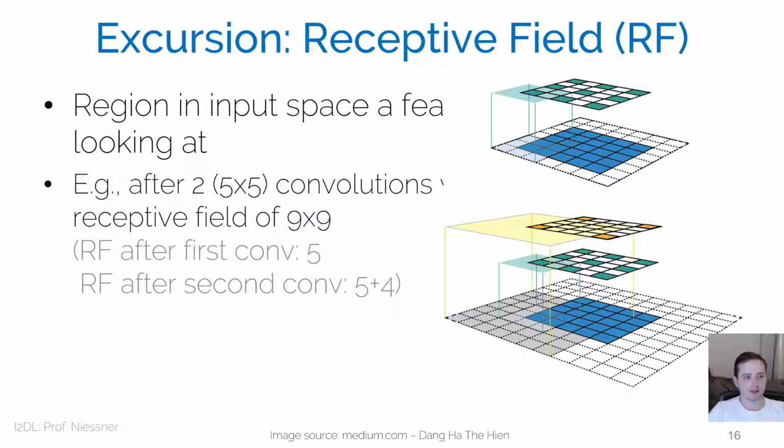So if we take as an example 2 5x5 convolutional layers like we have here, then after 2 of these convolutional layers with 5x5 kernels, each pixel in the output has been affected by a square of 9 by 9 pixels. And that is what we call the receptive field of a pixel in the output.